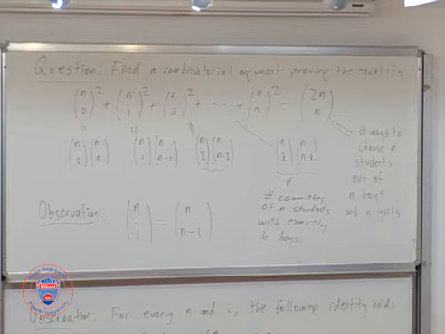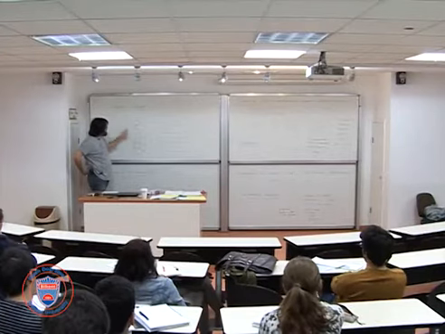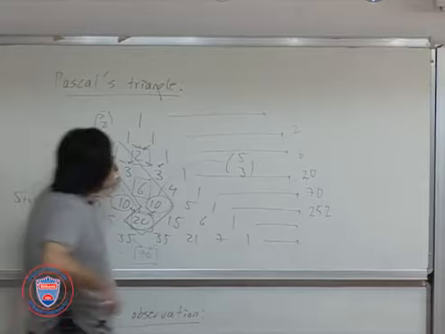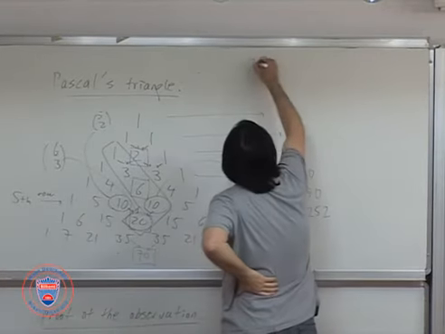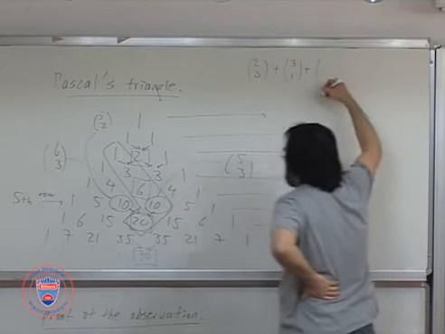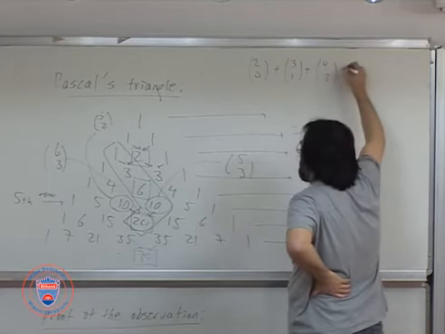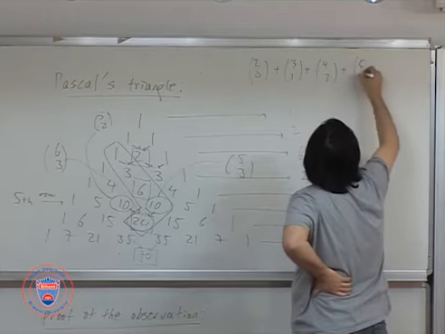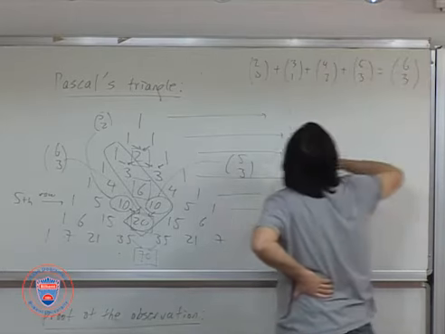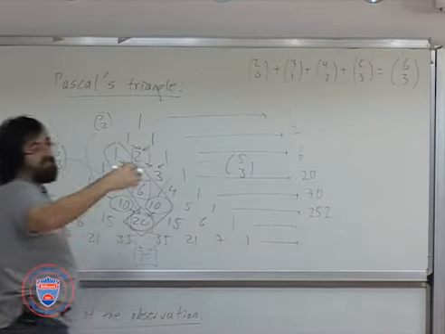The other one is this one. Can you see what this means? The sum of these is equal to this. So actually it's like 2 choose 0, 3 choose 1, 4 choose 2, 5 choose 3 is equal to 6 choose 3. You can generalize this easily.